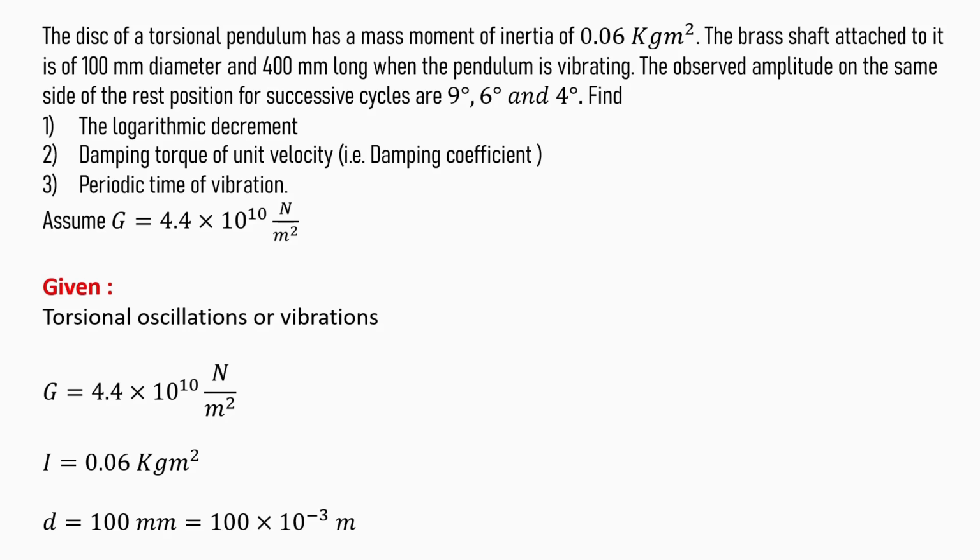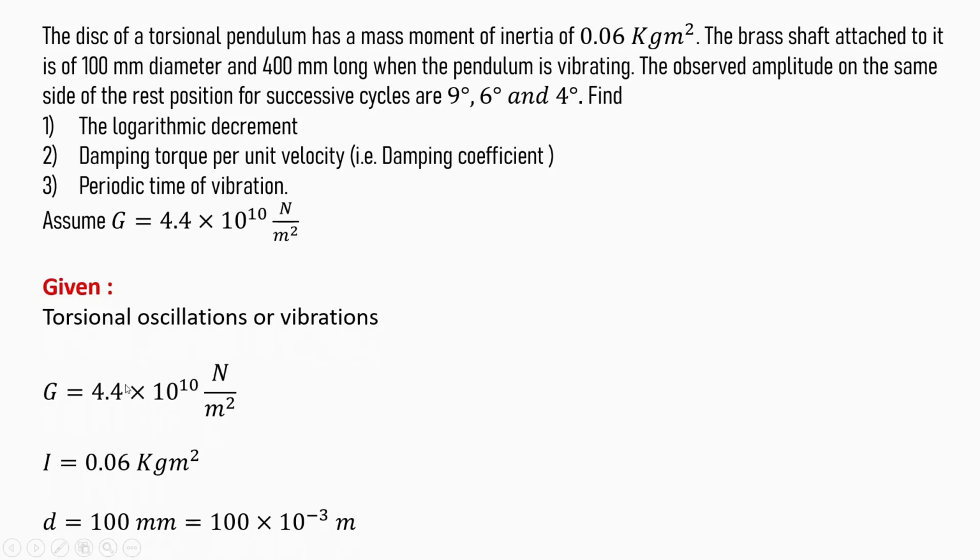When the pendulum is vibrating, the observed amplitudes on the same side of the rest position for successive cycles are 9 degree, 6 degree and 4 degree. We have to find out the value of logarithmic decrement, damping torque per unit velocity or damping coefficient, and periodic time of vibration. Assume modulus of rigidity as 4.4 into 10 raised to 10 Newton per meter square.